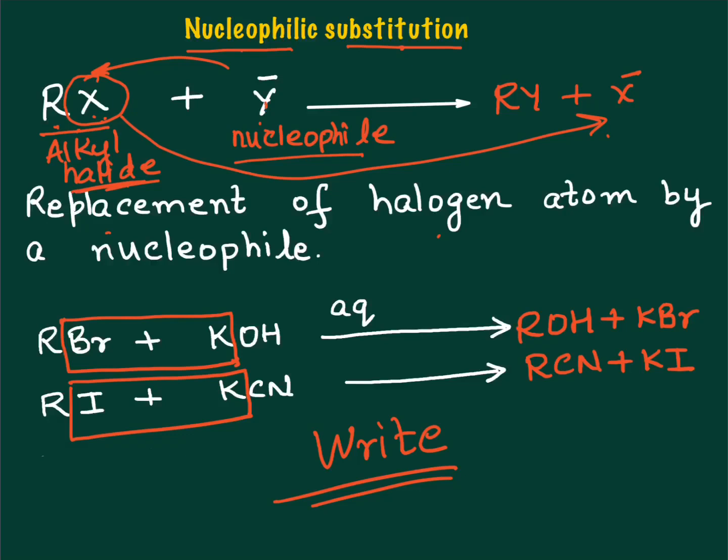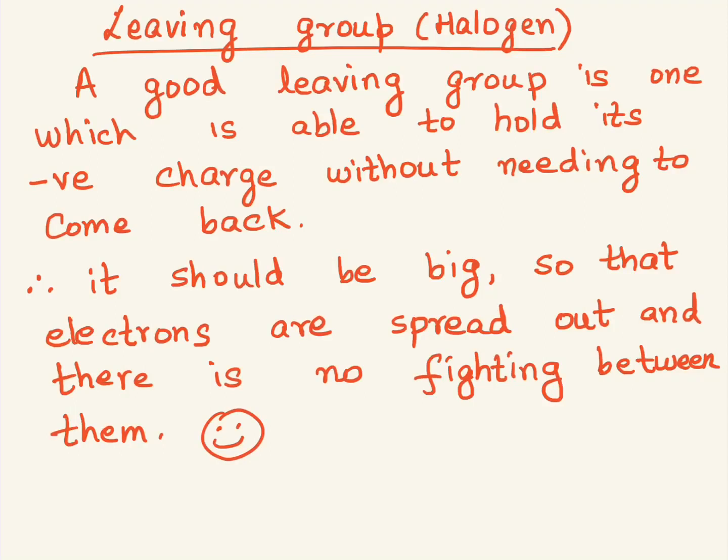So that is why the general term that we will use is leaving group. Why am I using the word leaving group is because it is not just the alkyl halides. There will be a number of organic compounds where we will be talking about nucleophilic substitution reactions.